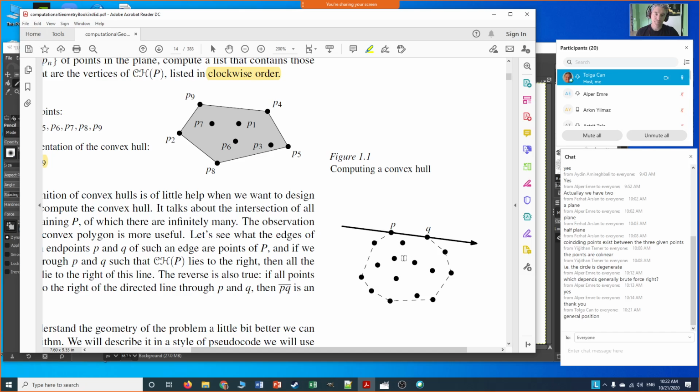Okay, so this if statement is going to be a lot more complicated for the degenerate cases, because not all points lie to the right if there is something on the line. Changing the condition to say that if all the points lie to the right or on the line, then it's a convex hull edge, also complicates things.